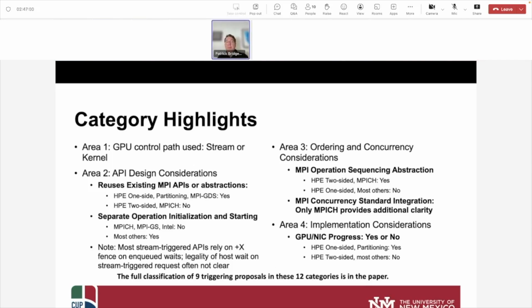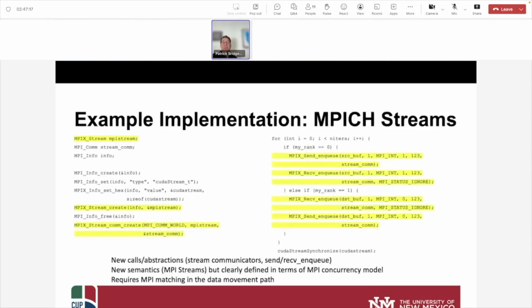Do operations separate the initialization and starting phases of MPI operations? So MPICH and MPI GPS and Intel operations don't separate initialization and starting. Right? So if you look here at MPICH, send enqueue does both initialization of an MPI send and start send.